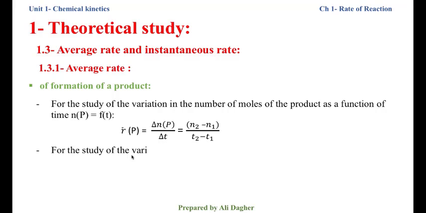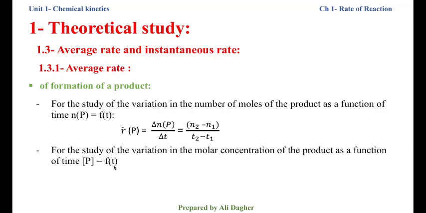For the study of the variation in the molar concentration of the product as function of time, concentration product equal f(t), the average rate of formation of product equals variation in concentration over variation in time, concentration at instant 2 minus concentration at instant 1 over t2 minus t1.